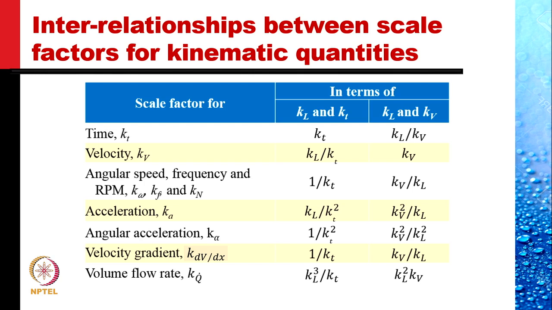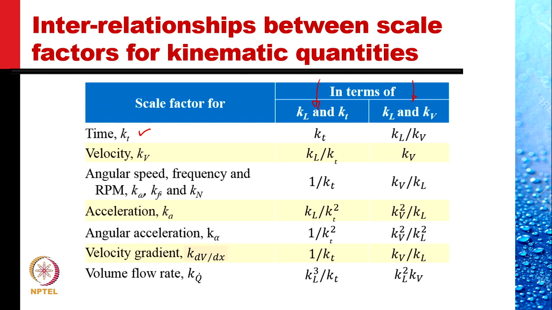For time, the scale factor is Kt, and we have written the scale factors in terms of two sets, Kl and Kt in this column and Kl and Kv in this column.